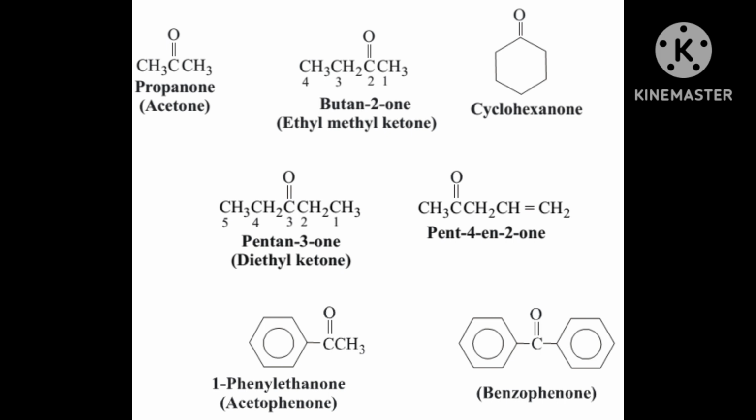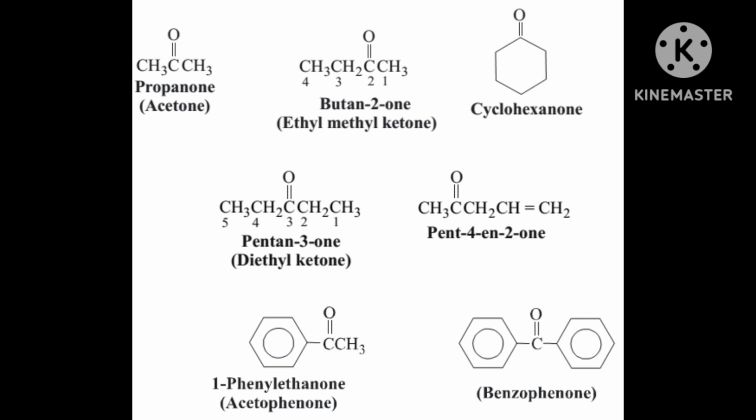Now the next compound I am telling you: CH2 double bond CH, and then CHO is attached. Consider an alkene, CH2 double bond CH2, but from one carbon an H is removed and CHO is attached. Actually its common name is acrolein, and what is the IUPAC name?